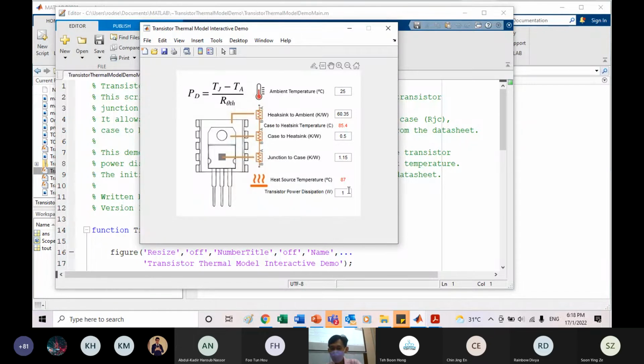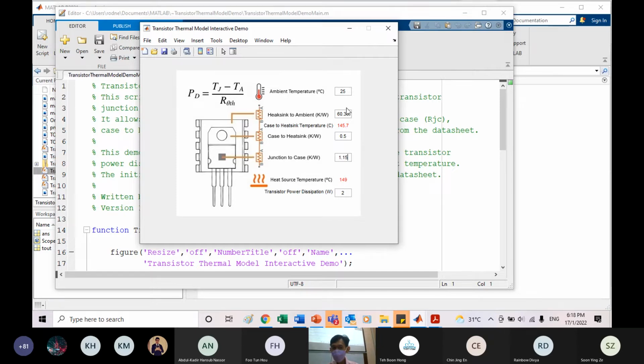Now, if I keep on increasing the power dissipation, you see the temperature can go up to 145. That's why the data sheet sometimes shows you up to 150. It's not a joke, you know, it really can go that high. If your power dissipation is 2 watts, you can see the heat source, that means the heat goes through all of this and gets here.